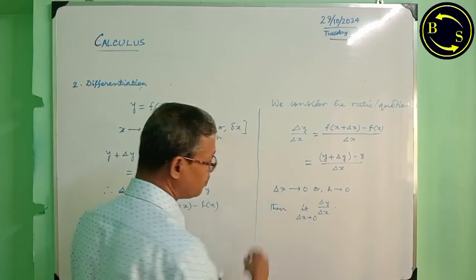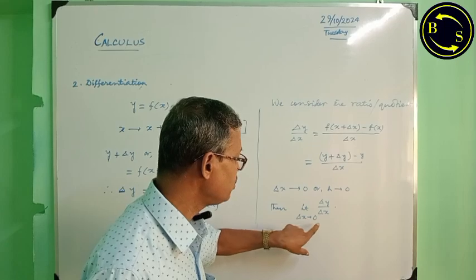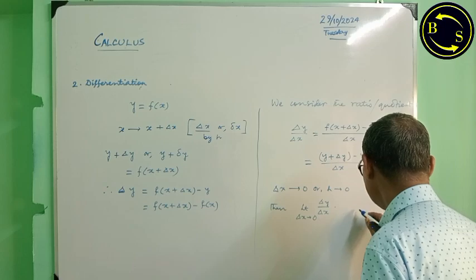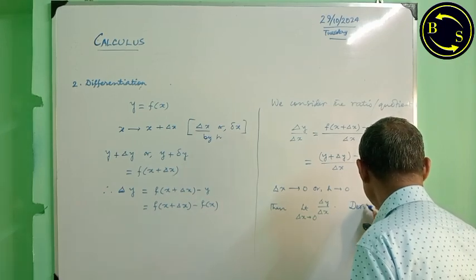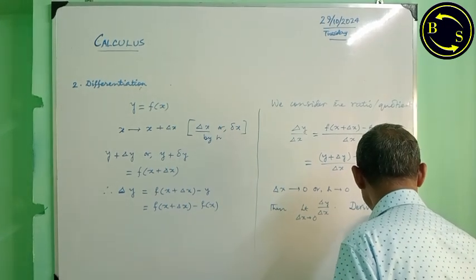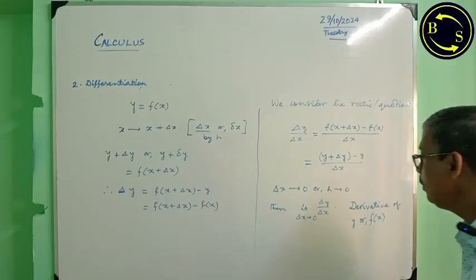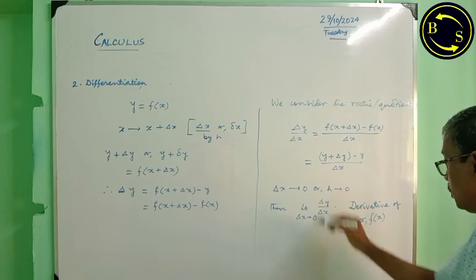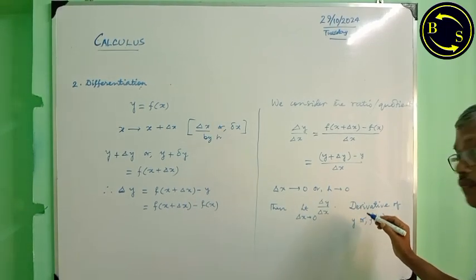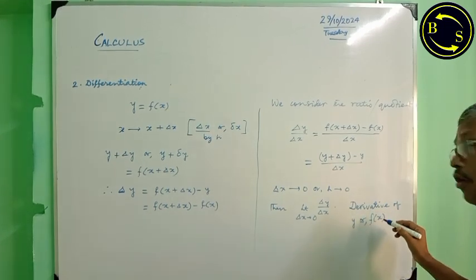And in this case, when the limiting value of delta y by delta x as delta x tends to 0 is called the derivative of this limiting value, it is called derivative of y or f(x). Also, the other term is differential coefficient of y or f(x).